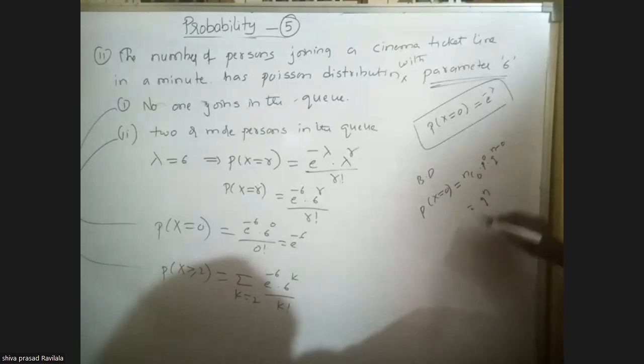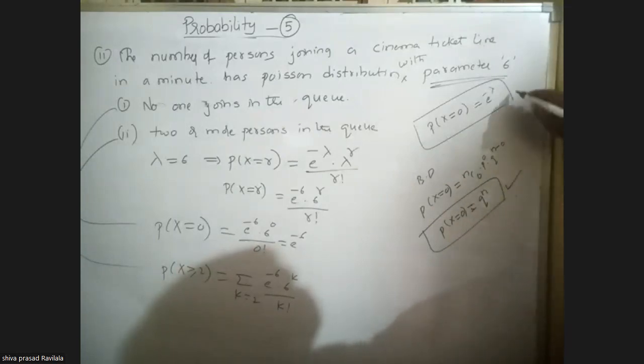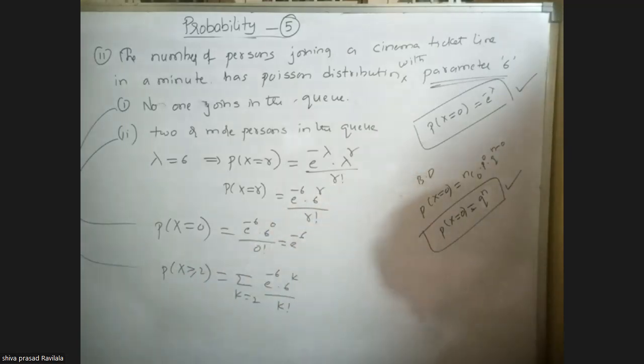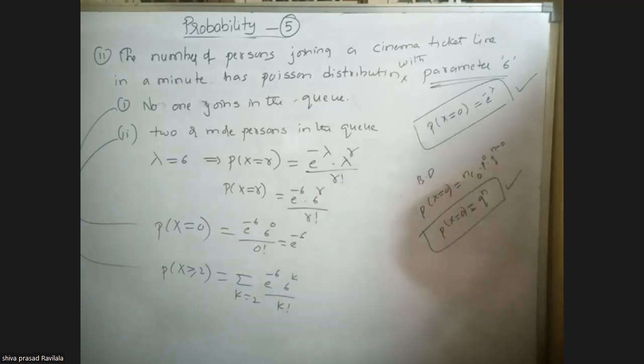Therefore, your answer is q power n. Probability of x equal to 0 in binomial distribution is failure whole power n. Remember these two formulas also. This is for binomial distribution, and this is for Poisson distribution.